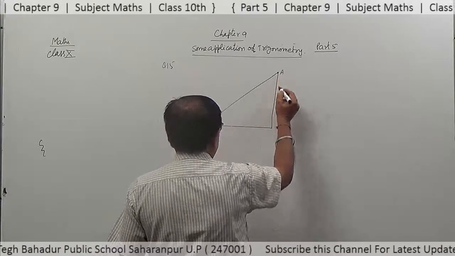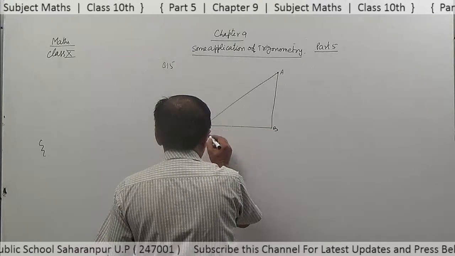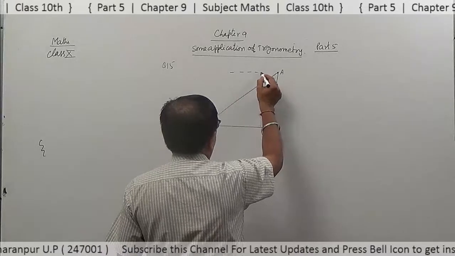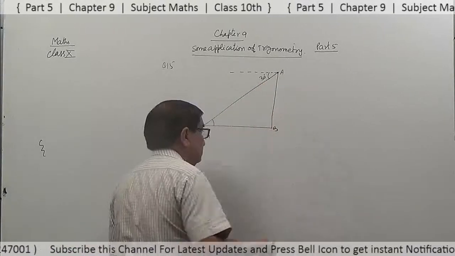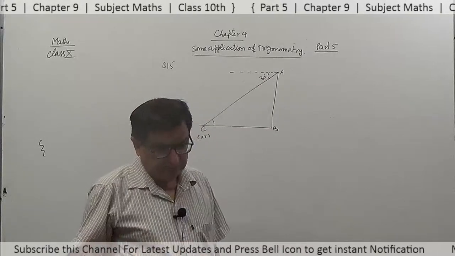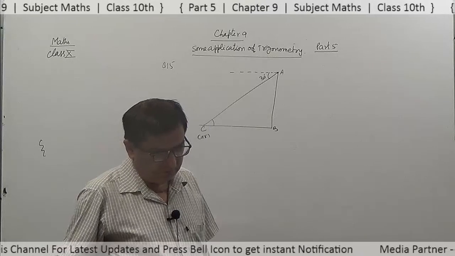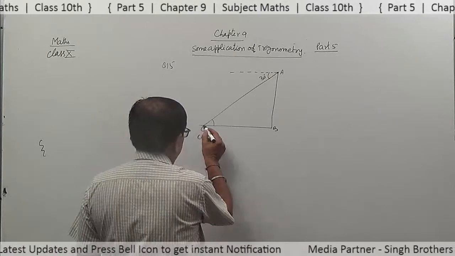This is tower AB, the position of the car is C, and this is the angle of depression, 30 degrees, approaching the foot of the tower with uniform speed.